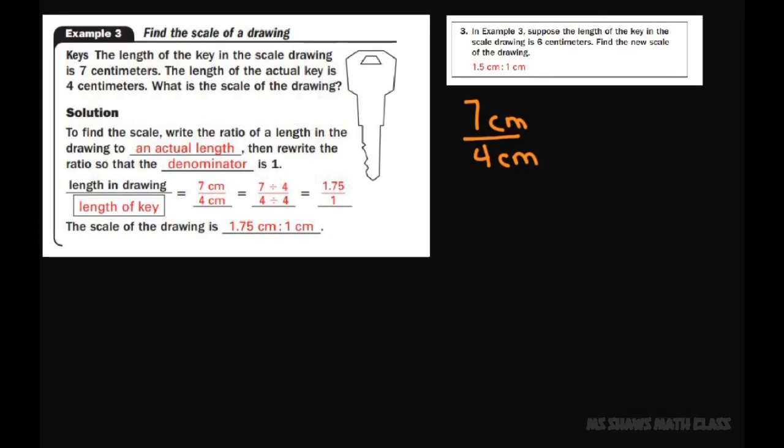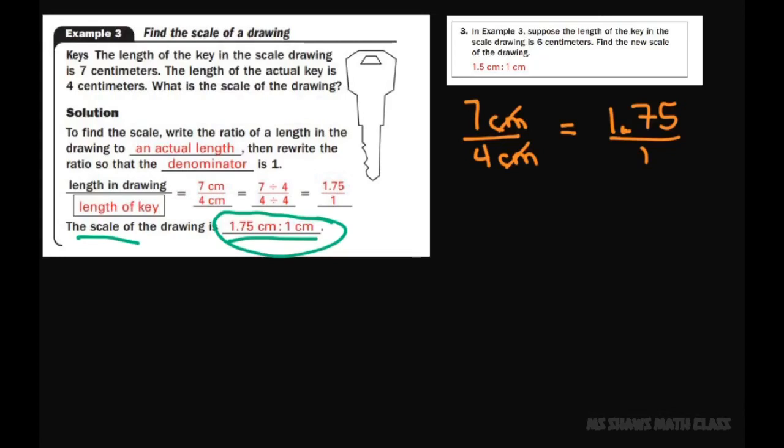All right, so if you divide both by 4, you get 7 divided by 4 is, well, basically all you're doing is dividing these two numbers. So that's 1.75. And that's just to 1. So basically that's what they wrote here, because that's usually how you write the scale.